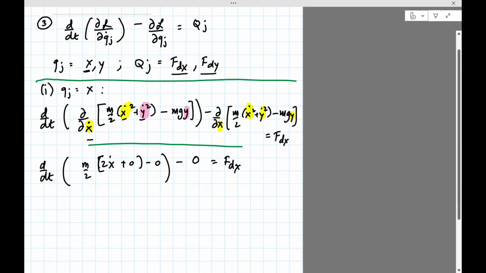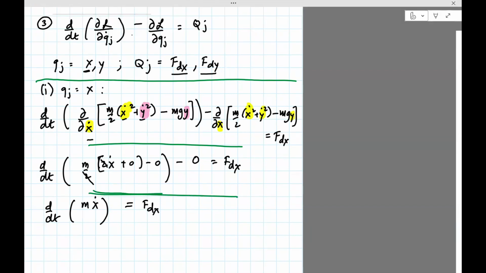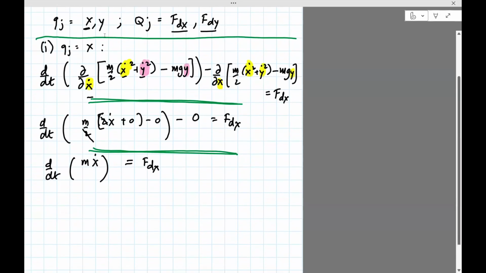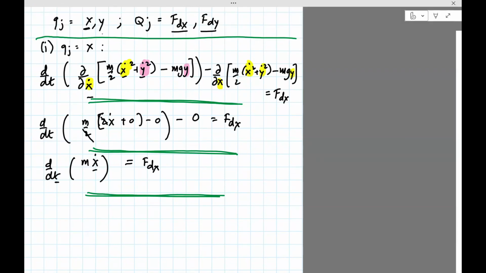Okay, so we got this. Let me just write it down. The simplified expression looks like this. This 2 cancels with this, the m stays. Okay, the final step is to take the time derivative of x dot. So already x dot is dx/dt, right?